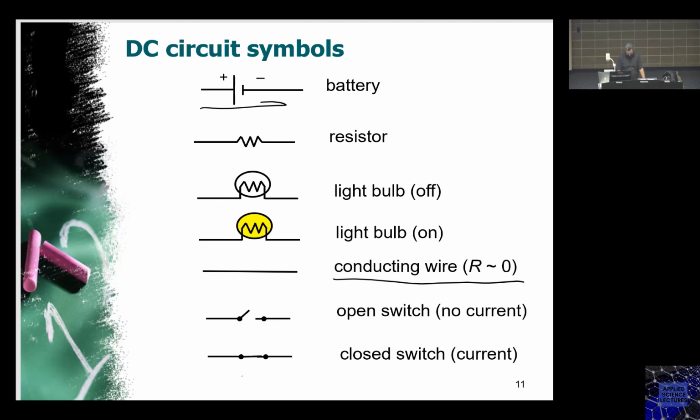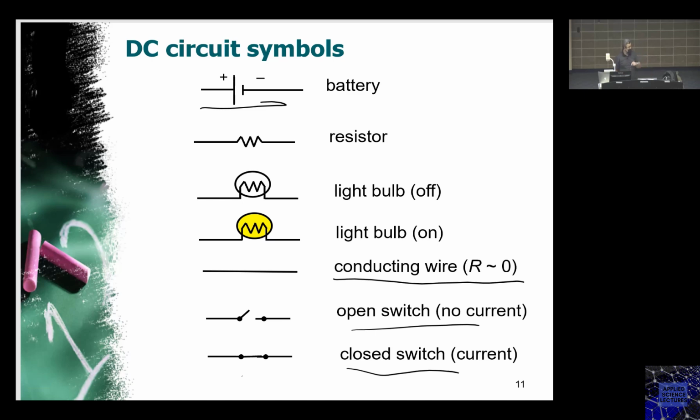Then we have the switch that, if you open it, there will be no current flowing through because it will act as an infinite resistance. Infinite resistance, delta V divided by infinity, is going to give you 0. So if you have an open switch, no current is going to go through that switch. However, if you close the switch, using the convention that we have agreed upon that we're using ideal components, then this switch will have 0 resistance.